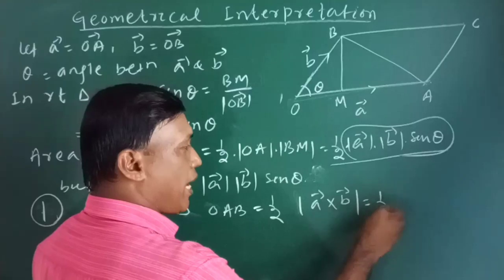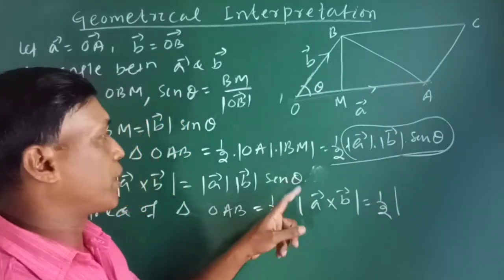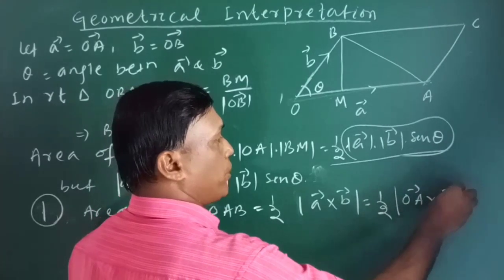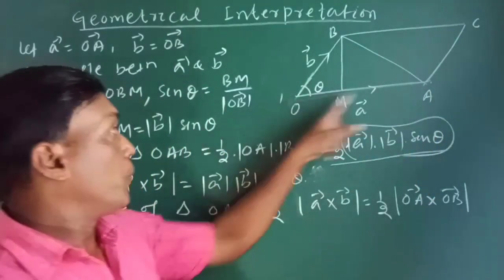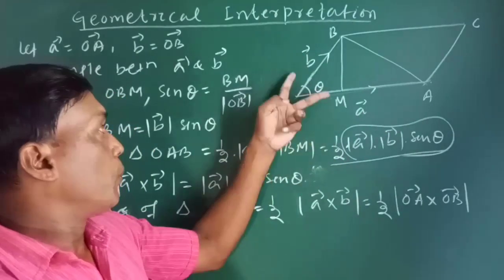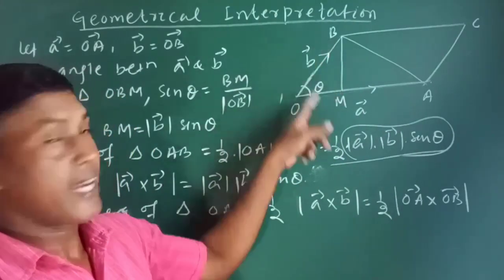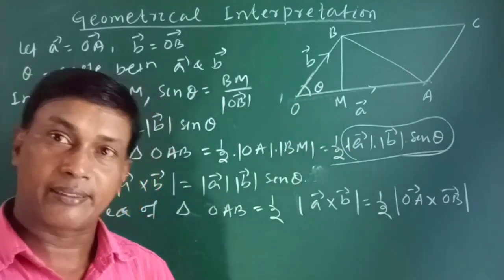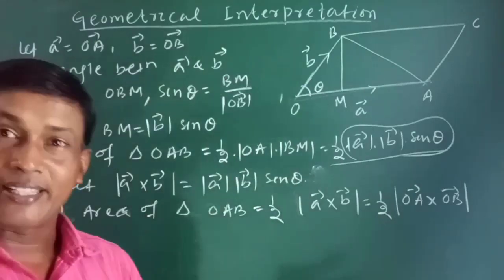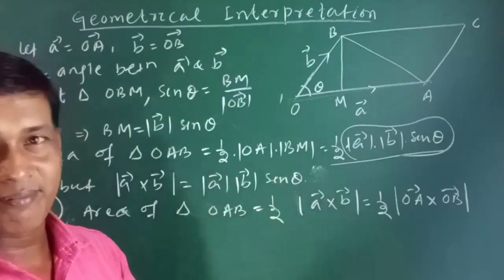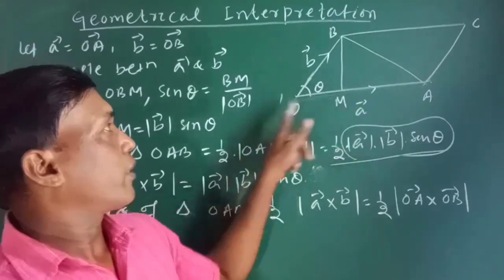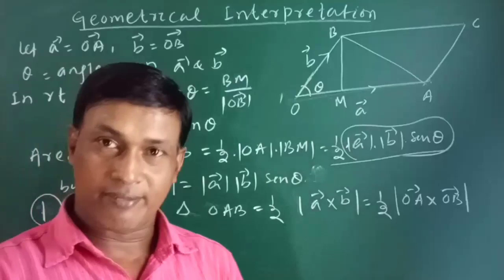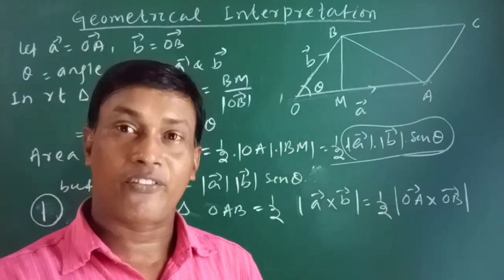This is also half of OA vector cross OB vector. So if you have two sides given, then you can find the area of the triangle.